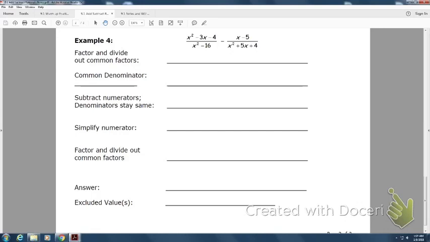Okay, so here is the first couple steps. I'll have it factored out, and then also identify the common denominator here. Please feel free to stop me and tell me that I did something wrong if you catch it.